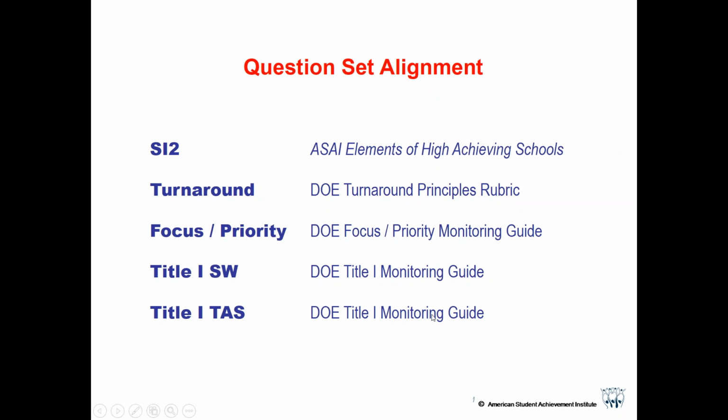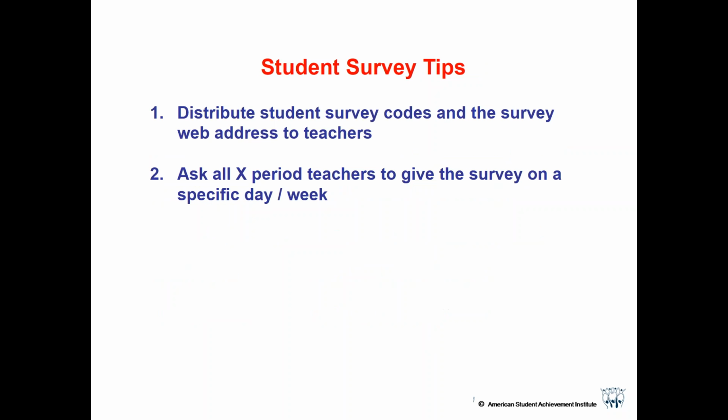And same thing for Title I, it's the monitoring guide that DOE has published. So these questions just didn't come out of the air randomly. We are aligning this work with our best knowledge and with things that the Indiana Department of Education has published. That aligns your work with us and with the Department of Ed, which is nice.